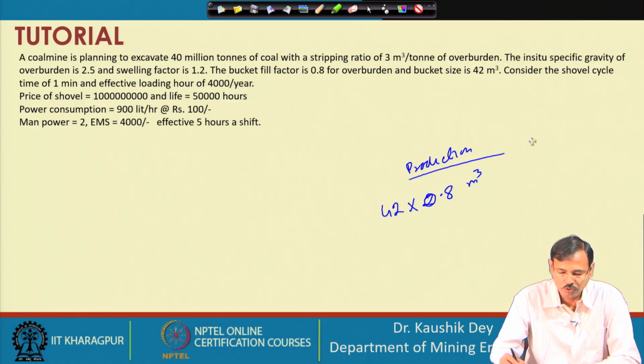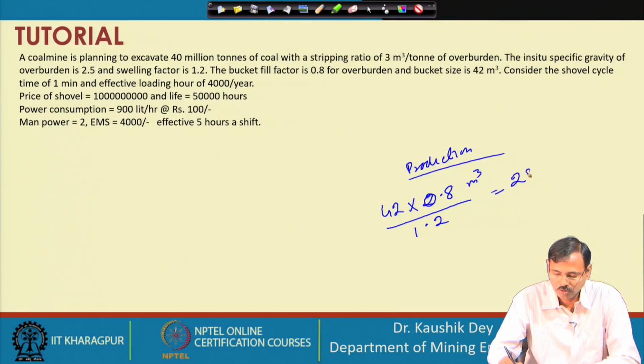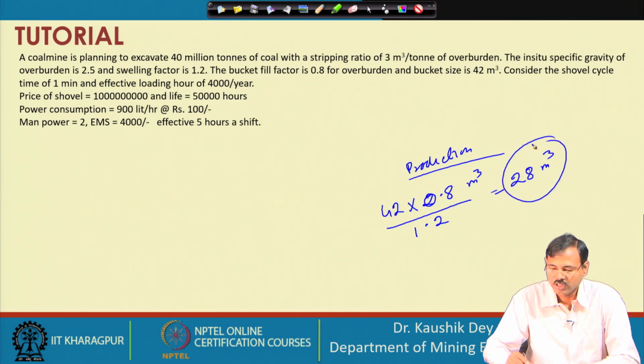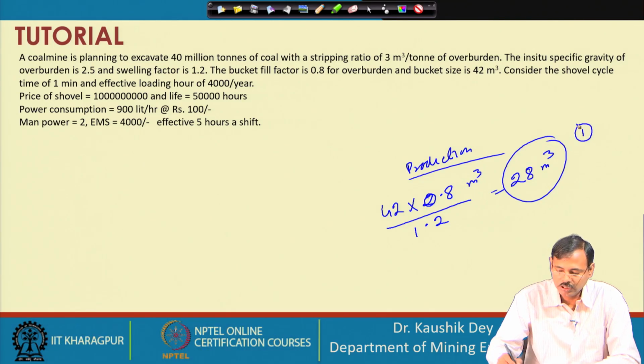So, if we are considering the meter cube, then the actual meter cube which is being handled by this in situ, then it is divided by this. So, it is coming around 28 meter cube, in situ meter cube, that is coming in one bucket. And we have considered this is being handled in 2 minutes.